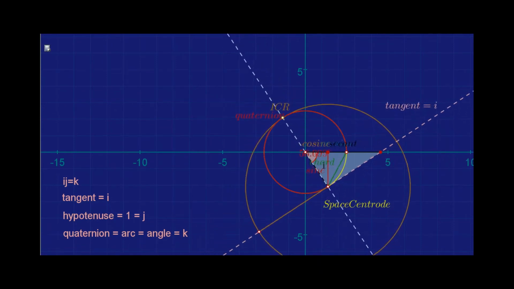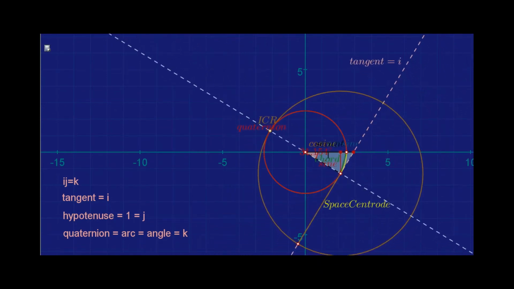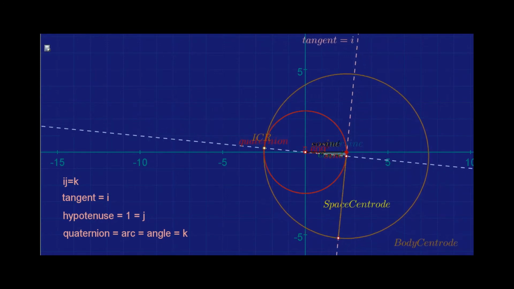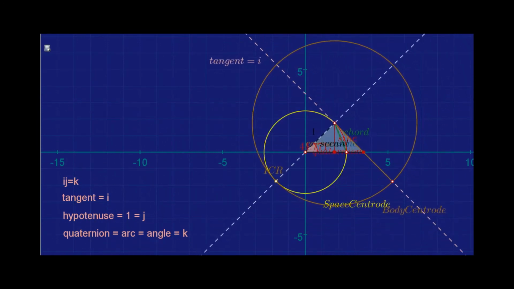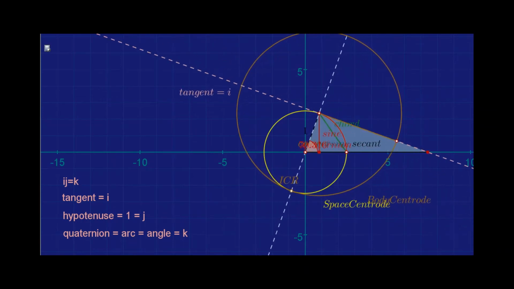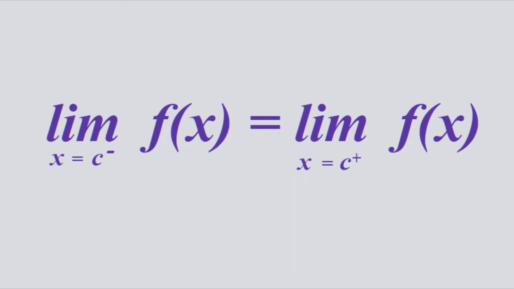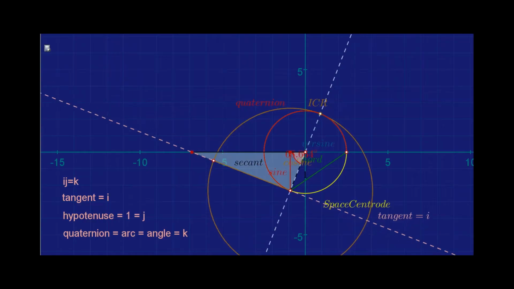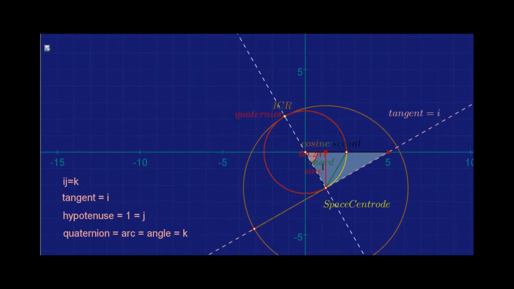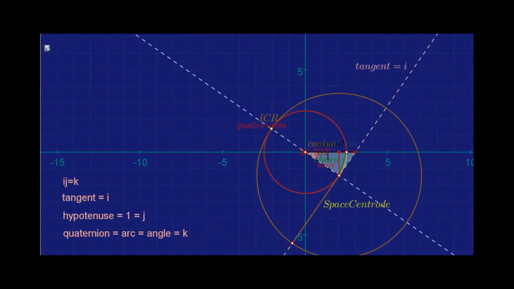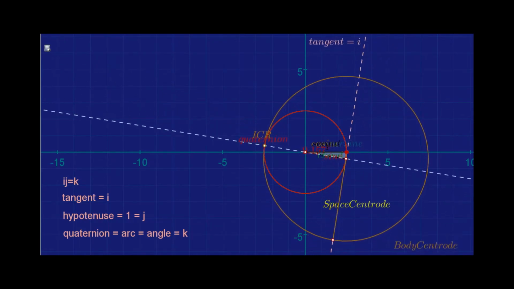Also note how the red cosine dot and the red secant dot assume the status of plus or minus cosine in the following limit equation. Also note how they converge on the point limit 1, 0, satisfying the following limit equation.